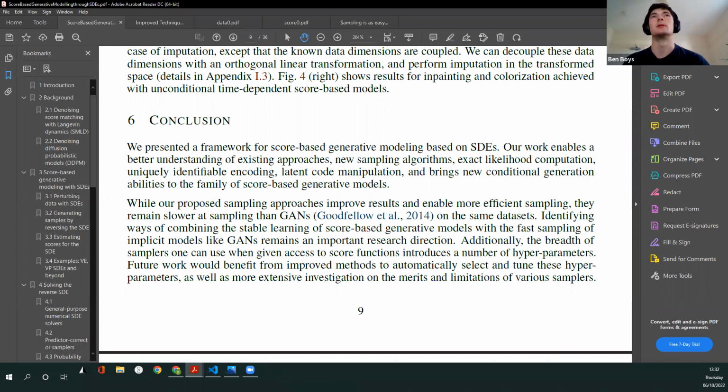Does anyone know? Has anyone used GANs before? Usually, I've seen that with these models the samples are much better than the ones you get out of GANs. And GANs are pretty complicated anyway, with hyperparameter tuning and so on. So even though these are much slower at sampling, they're a little bit easier and you get slightly better results than you do with GANs, from what I've seen around anyway.